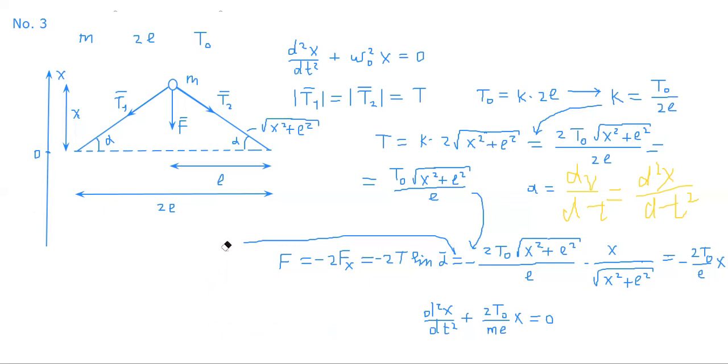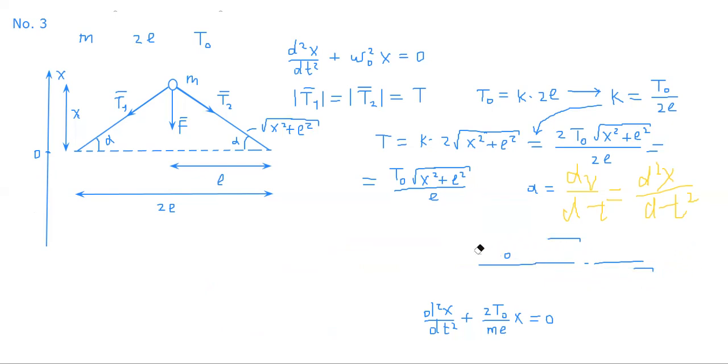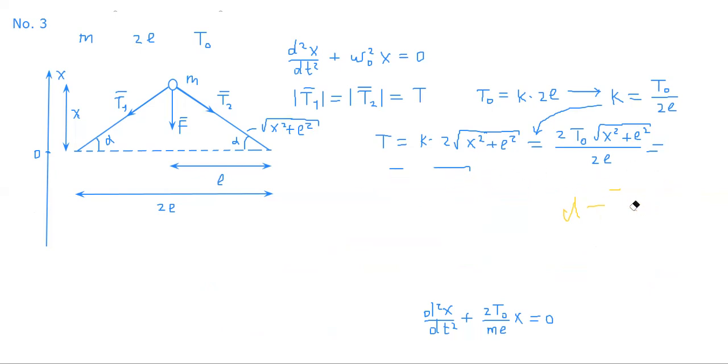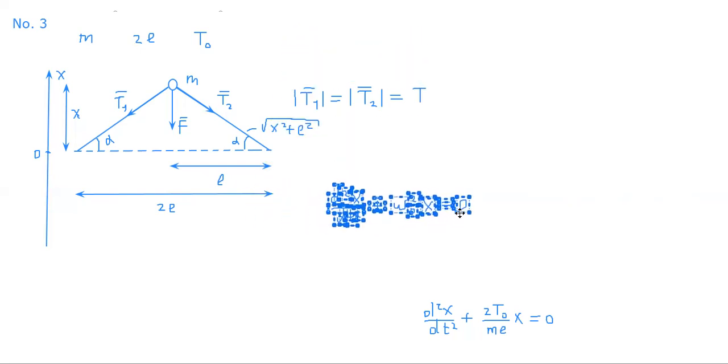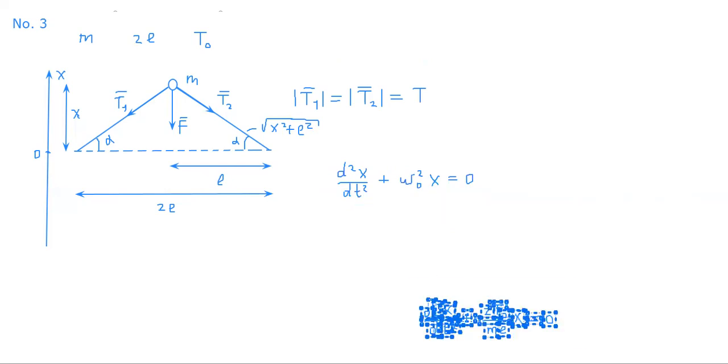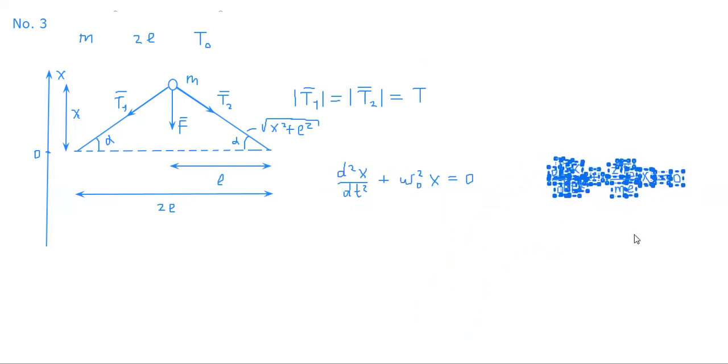So we have got the differential equation of free small undamped oscillations. And we can compare this with the general form of this equation. We can compare these two equations.